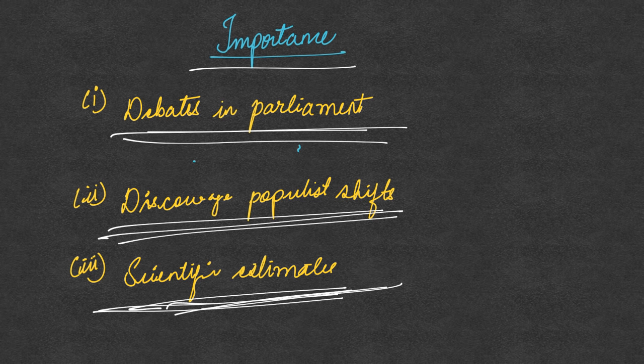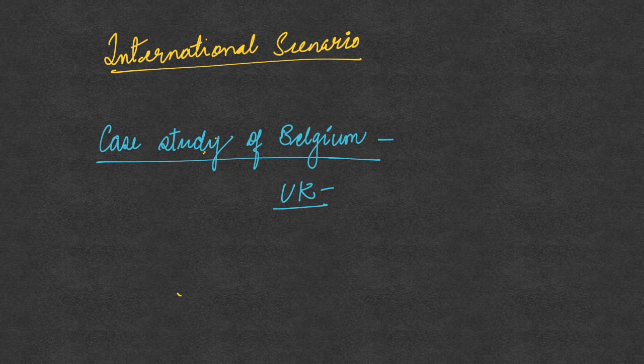Those estimates made by the independent fiscal council are going to be more precise. So these are the importance of the fiscal council, and all of these show the reasons why we must set up an independent fiscal council.